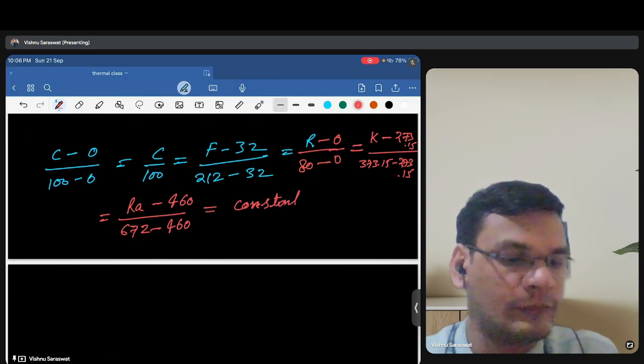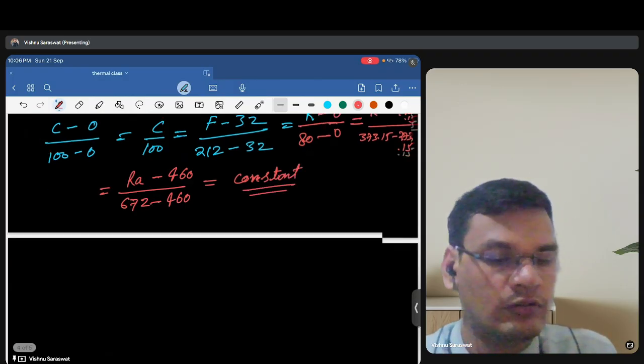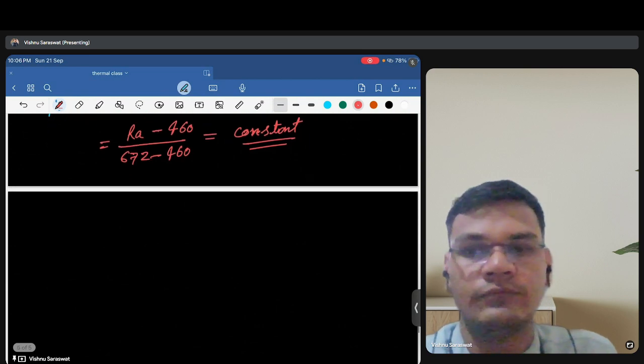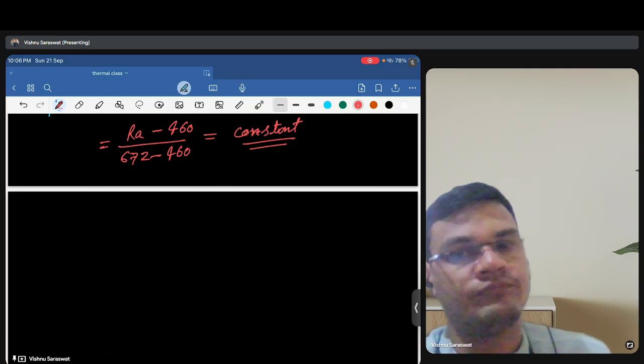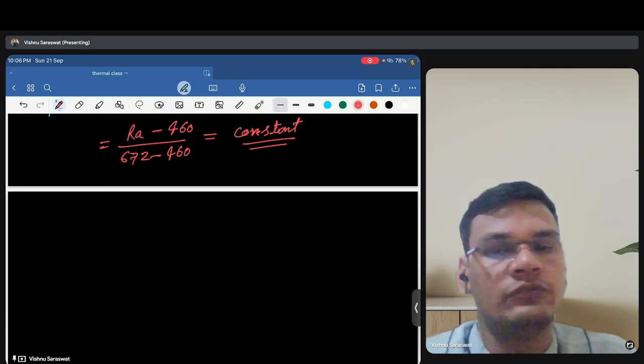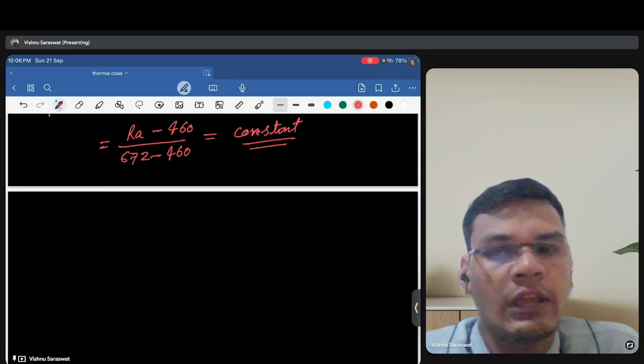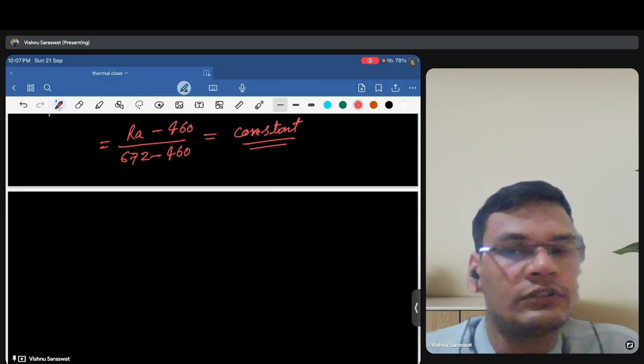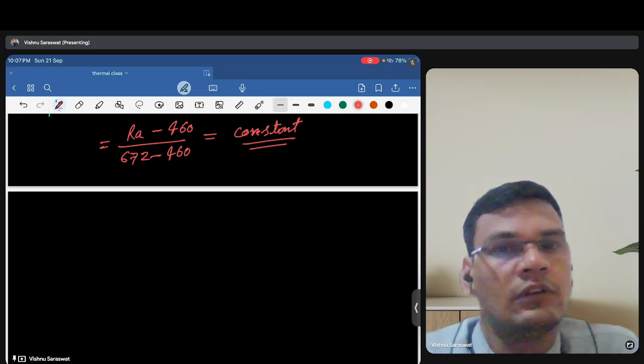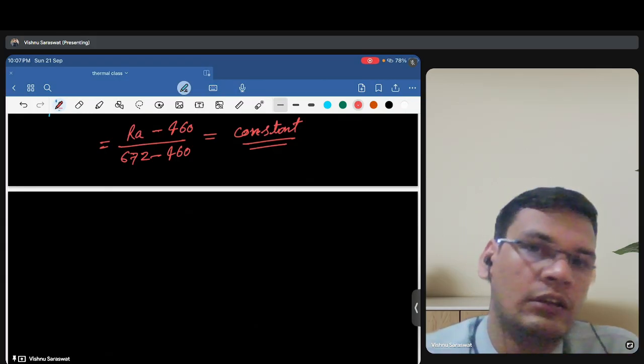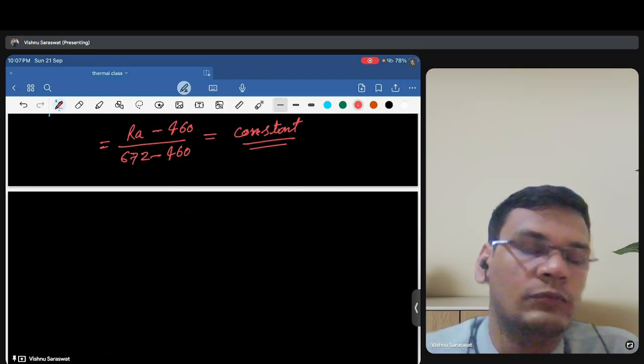So all these temperature scales are equal to the same constant. Now you can convert any scale into another scale. Suppose you have a temperature in degrees Celsius, you can convert it into Fahrenheit, Kelvin, Rankine, and Reaumur.